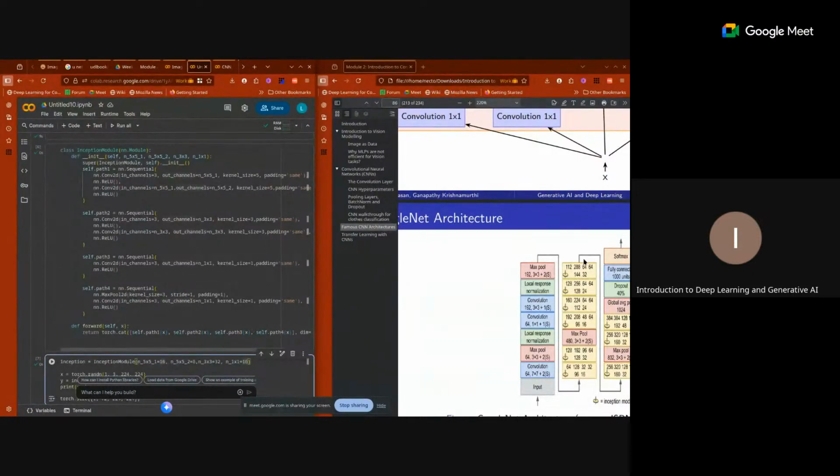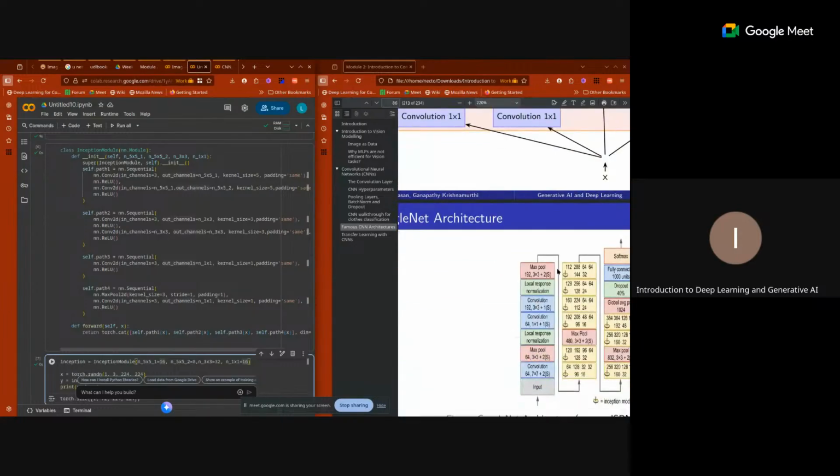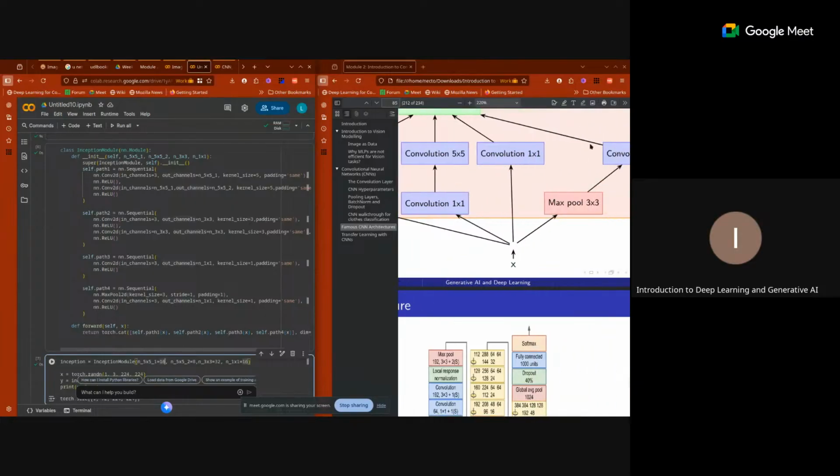You can configure that. For each of these convolution blocks you can set the number of filters, and then the number of filters from all these layers will be concatenated together. Okay, is that clear?